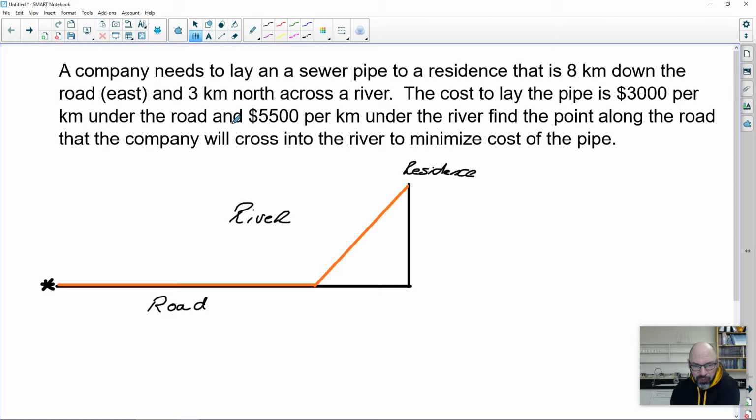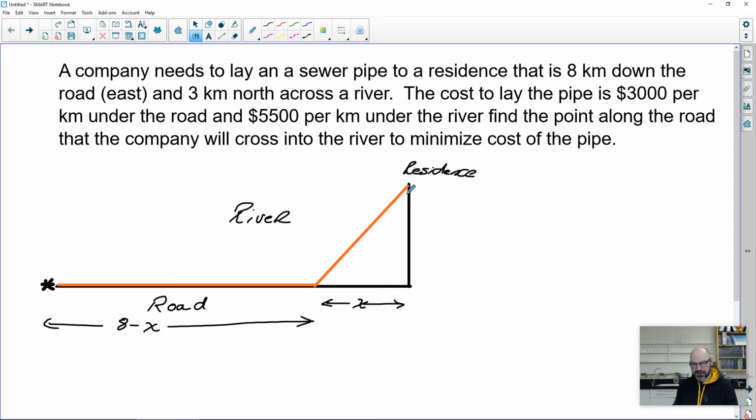So what we do is we define this distance, from where you're going to cross from here to here, as X distance. So many kilometers, we're not sure how much. So what's left? If this whole thing is 8, what's left from where the company is to where they cross into the river is 8 kilometers minus X. So this distance, you're going to lay pipe at $3,000 per kilometer.